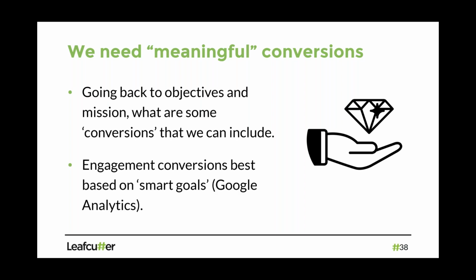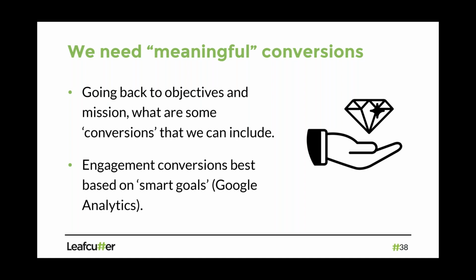We can do engagement conversions as well. Google has the ability to do this, and it's what's called a SMART goal. If you use Google Analytics, I highly recommend it. Google Analytics and Google Ads work quite well together. They can pass a little bit of data back and forth, and it does make life a little easier if you are using Google Analytics.